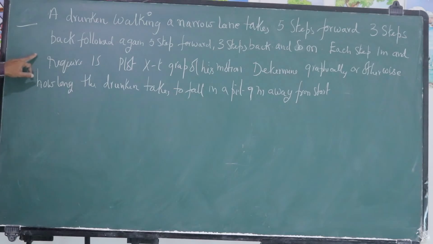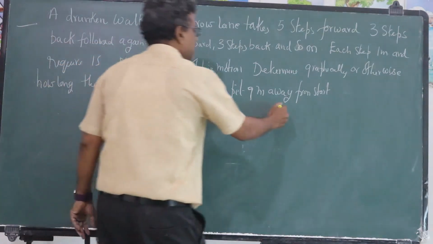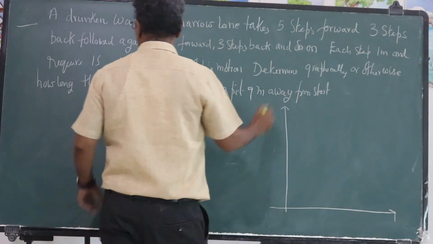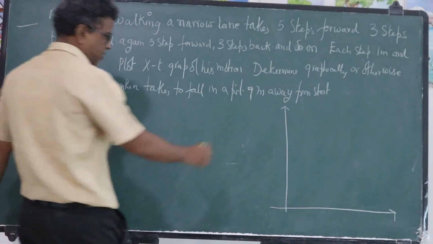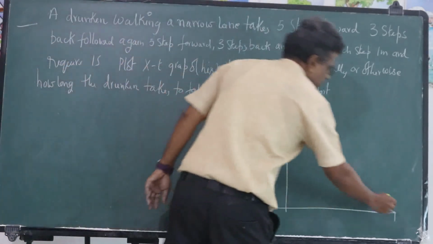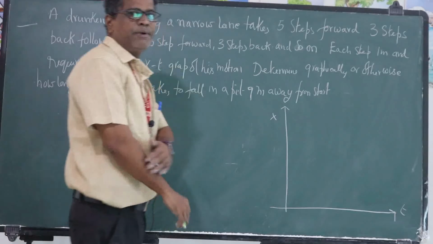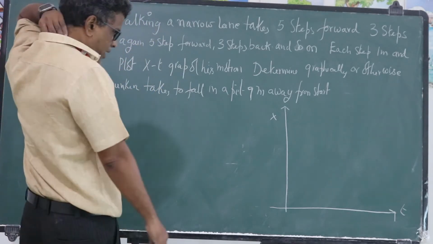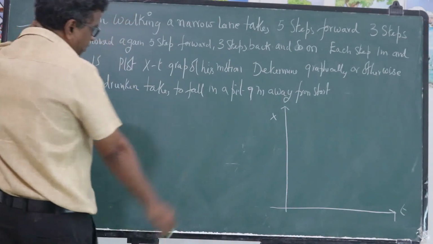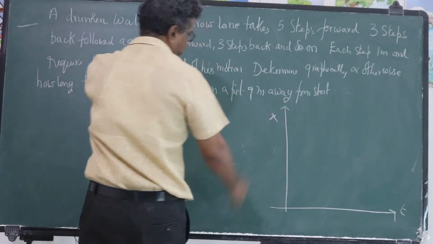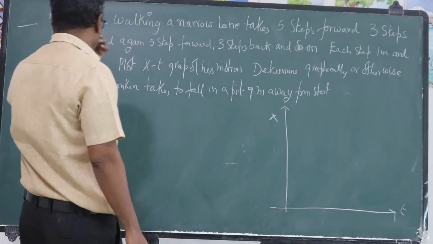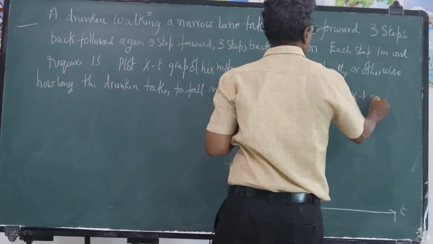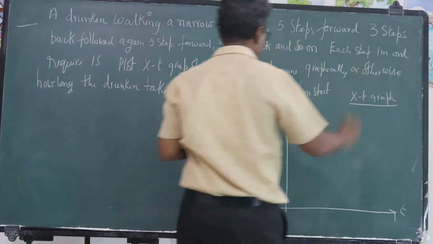We draw the x-t graph: x, the position, depends on time, so you take x on the y-axis, and t, the independent variable, on the x-axis. Now I am going to draw the x-t graph.